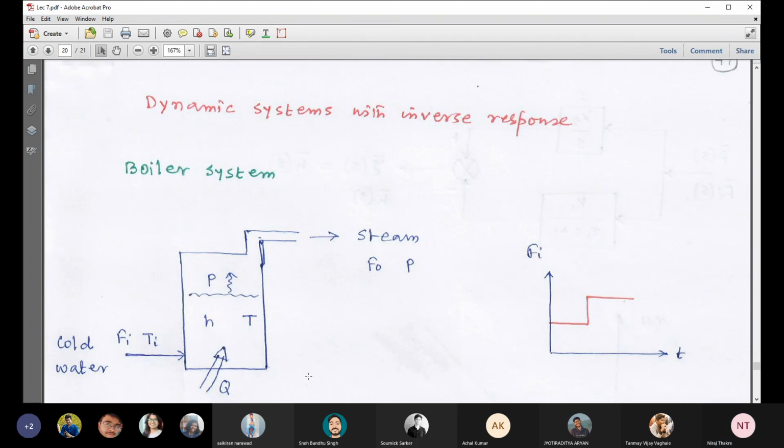Now, to study this inverse response, we would like to adopt one example. So here we have taken a boiler. You draw the schematic of this boiler. Then we'll discuss this inverse response.